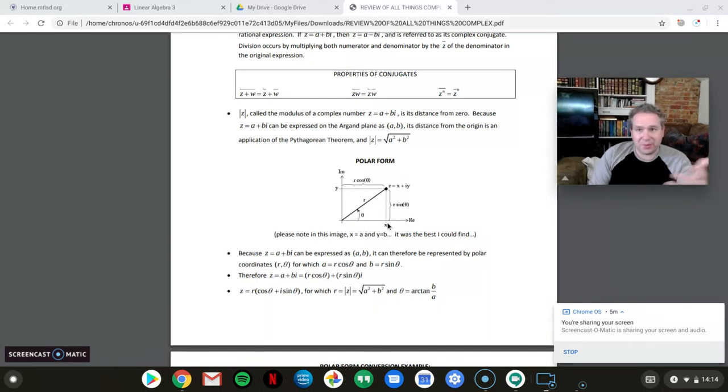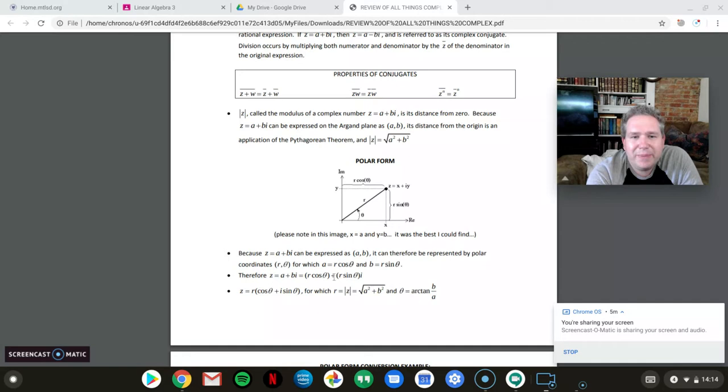Because we're looking at them like this, it's often easier for us to think of complex numbers in a polar form rather than a rectangular form. At the bottom, I'm just taking you through how you would convert any number into its polar form. So rather than x over and y up, it's r for the radius, the modulus, and theta for the angle of rotation inside this right triangle.